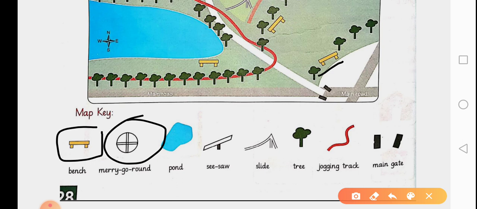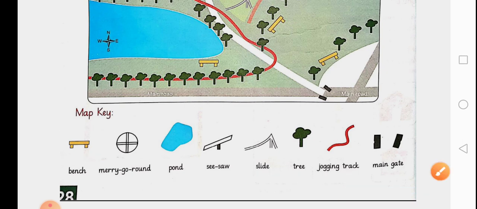So if anyone is interested in the merry-go-round, they will see this symbol and they will find the location of it. There are other symbols as well. Let us have a look at them. Pond, seesaw, slide, tree that we have discussed already, jogging track for the people who want to run or jog, and then the main gate.